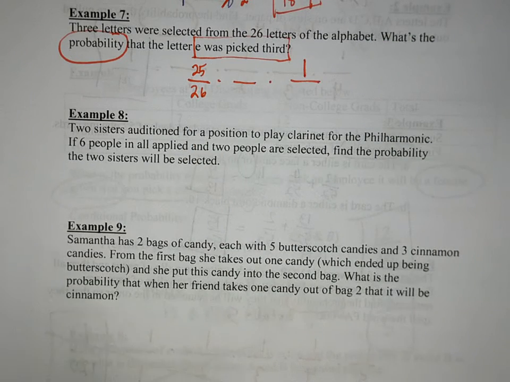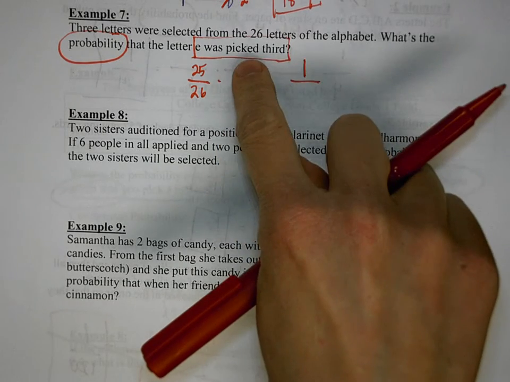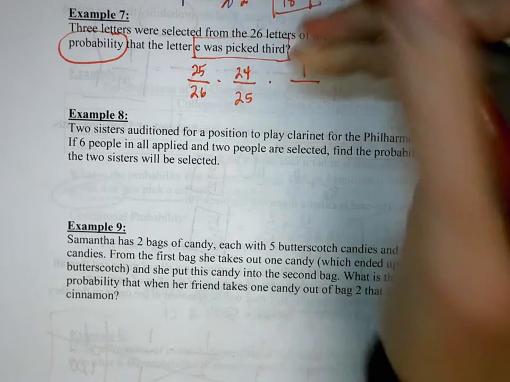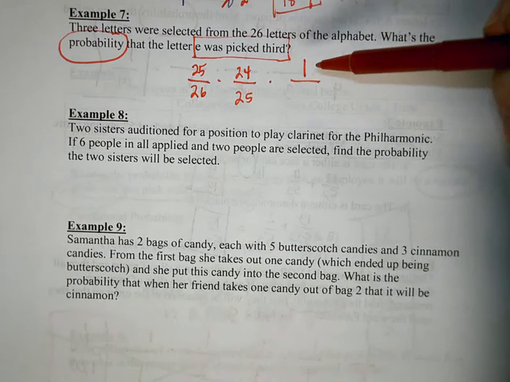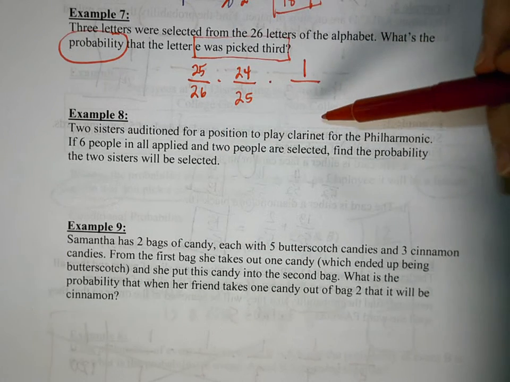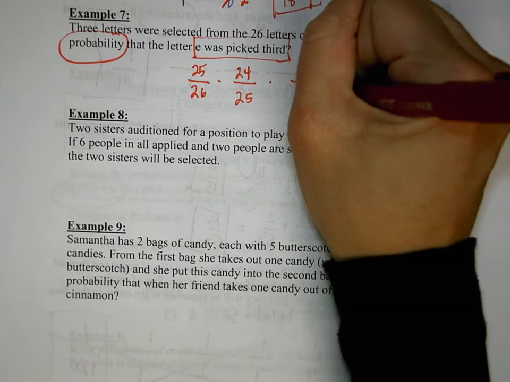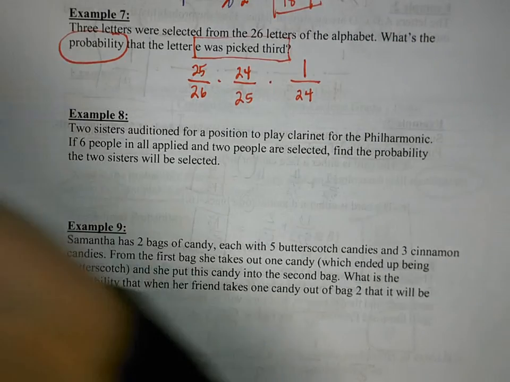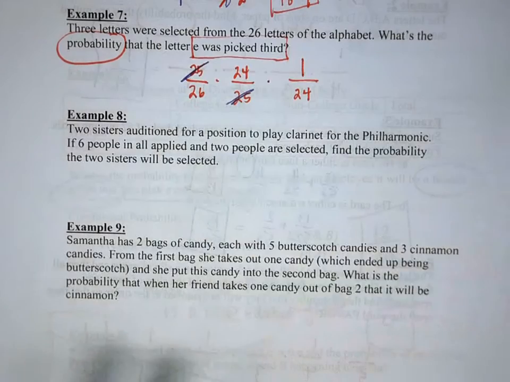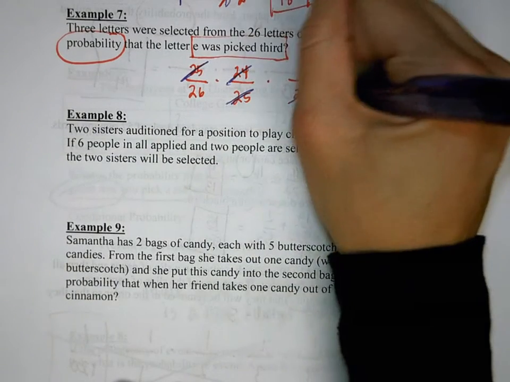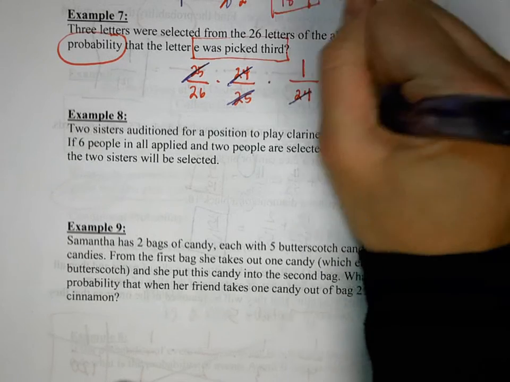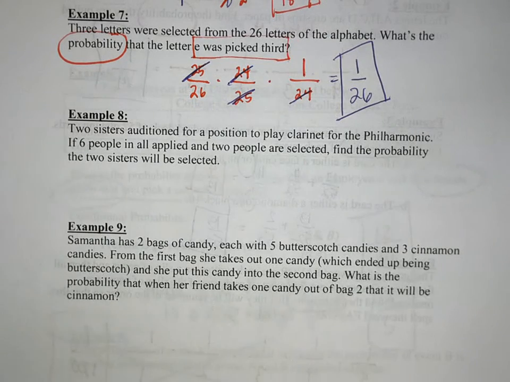Okay, so I pick out a letter that's not E. And so now how many letters are left here? 24 out of 25. And then when I get to the E, I only have 1 choice, but how many letters in the back? 24. And then do we see things that cross cancel? My 25s cancel, and what else? 24. So I end up with 1 over 26 as the correct answer.